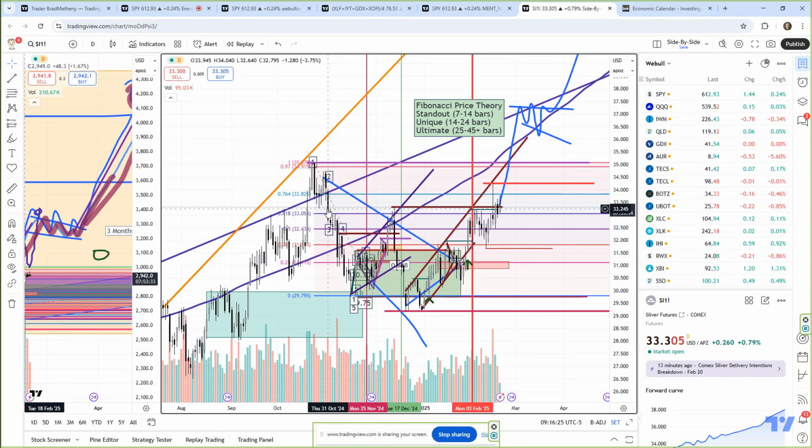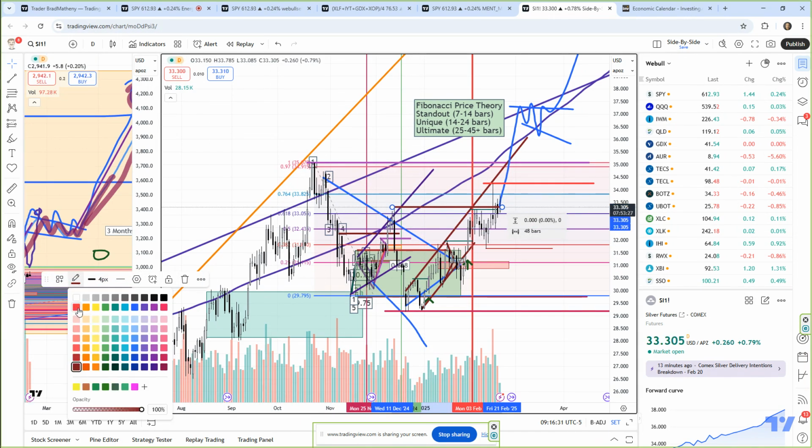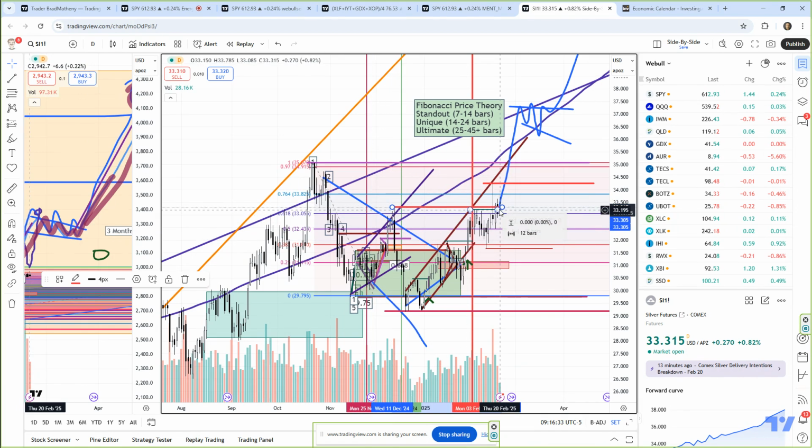So this would be an ultimate as well. So I can call this an ultimate. So when we get above this level here, we are now ultimate bullish, unique bullish, and standout bullish.